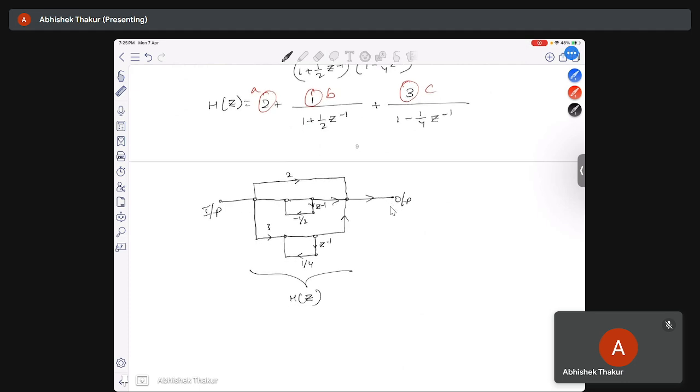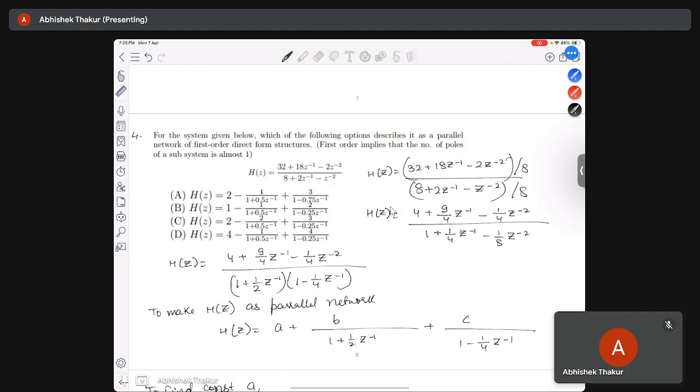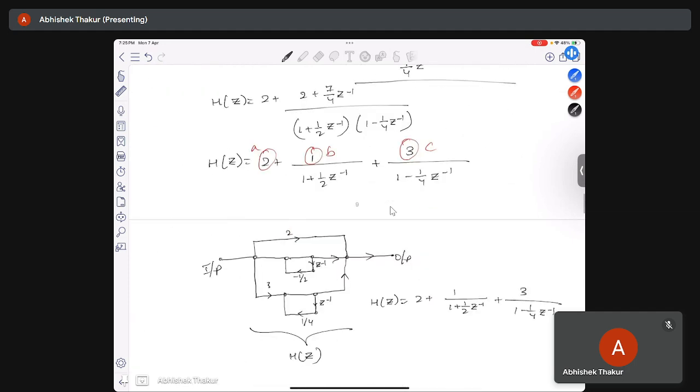So finally H(z) is equal to 2 plus 1 by 1 plus half z inverse plus 3 by 1 minus 1 by 4 z inverse. So the correct option is, sorry, here it will be a negative sign when you do partial fraction decomposition.